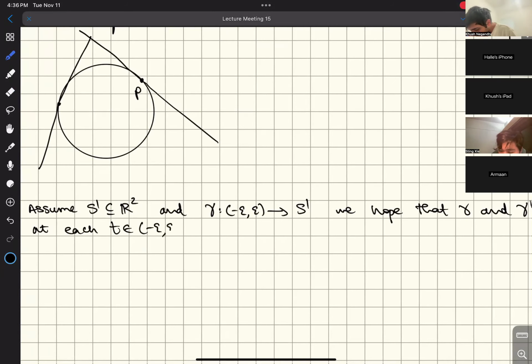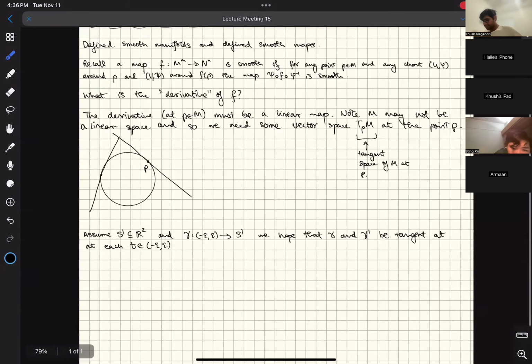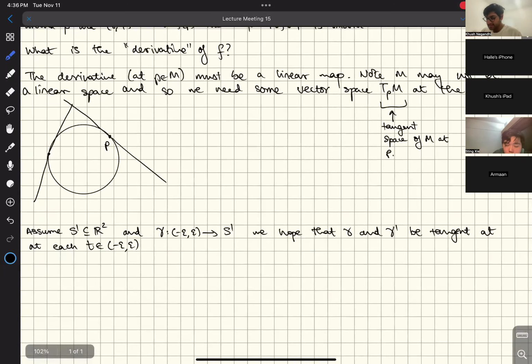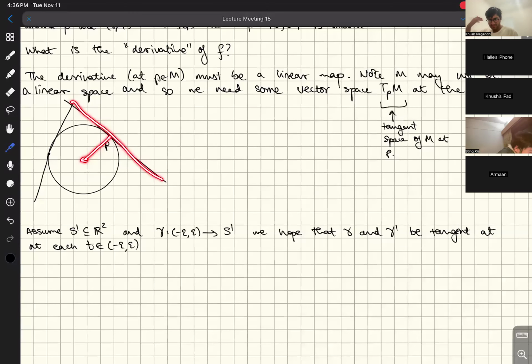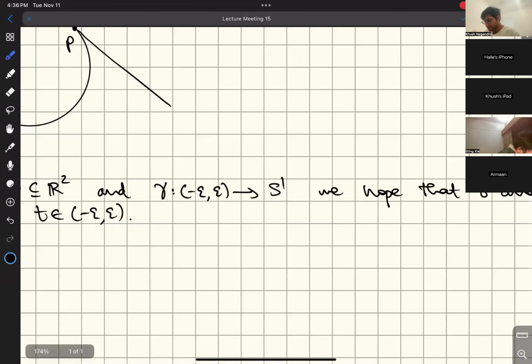The reason we want it to be tangent is because we want this best linear approximation, and this best linear approximation is this line, which is the tangent line to this circle. So let's look at this very quickly. We know that, so I'll denote the inner product like this.